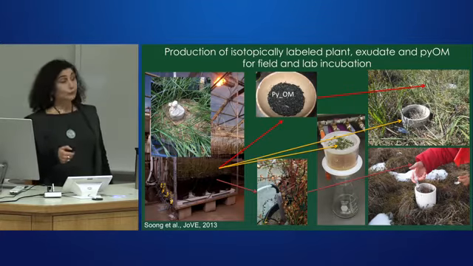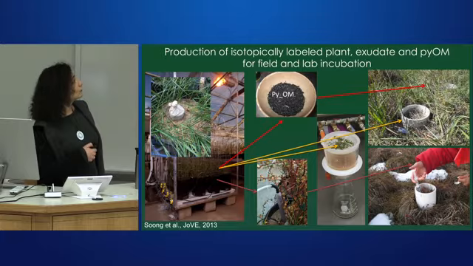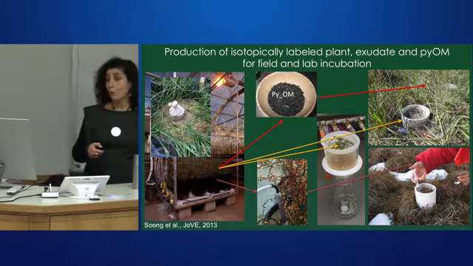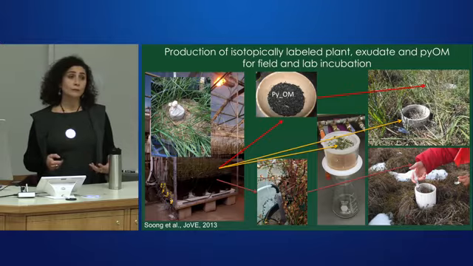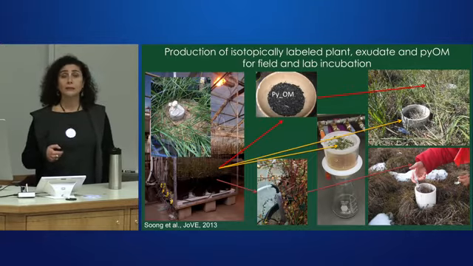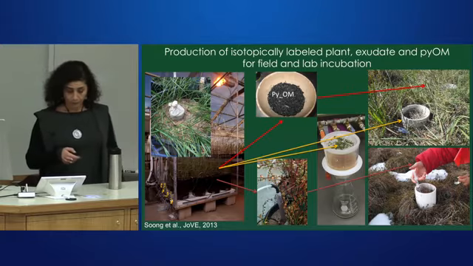Since I'm mostly interested in decomposition, we generally grow the plants, and then when they are at maturity, we kill them and take the shoots and roots and use them for either lab or field incubation. When we work in the field, we try to put this material in its natural environment, so if it's root, it would go in the soil. If it's shoot, it would be up in the litter layer, so that it's free to move and do whatever it wants.